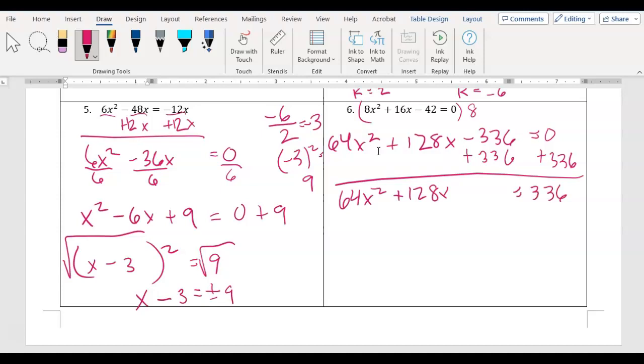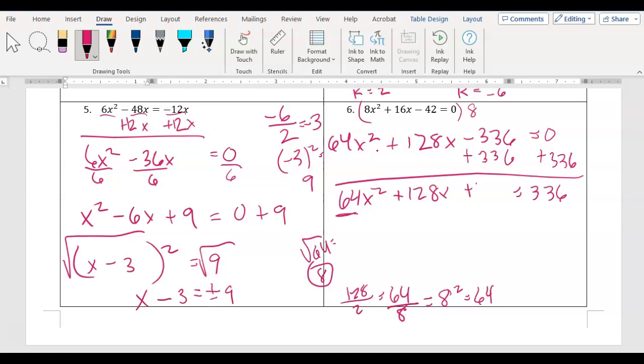I need to complete the square. So I'm going to take the square root of 64 and save it for later. I'm going to do 128 divided by 2, which gives me 64. 64 divided by 8, which gives me 8. And then 8 squared, which gives me back 64.